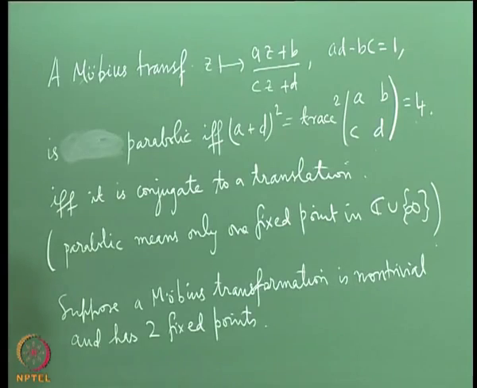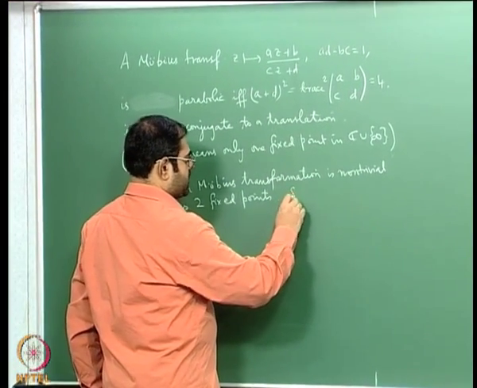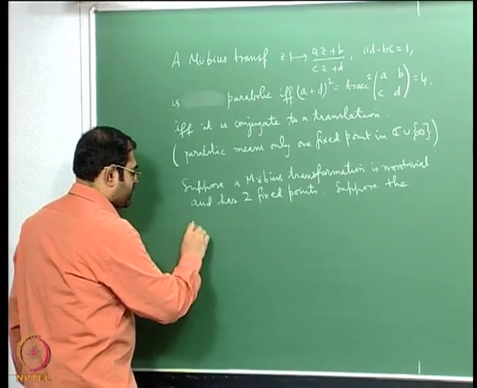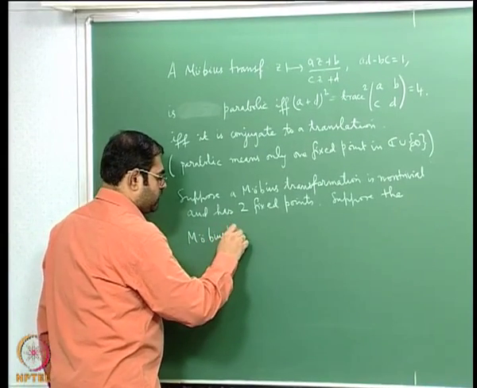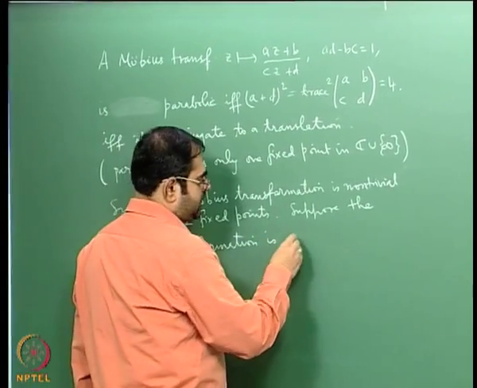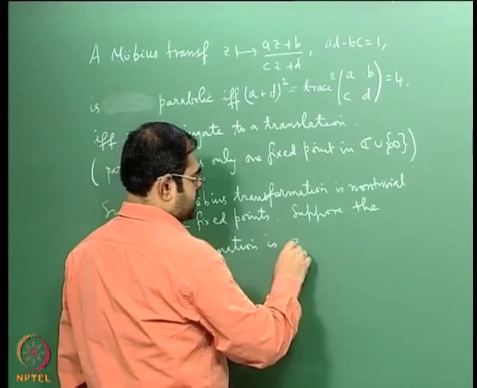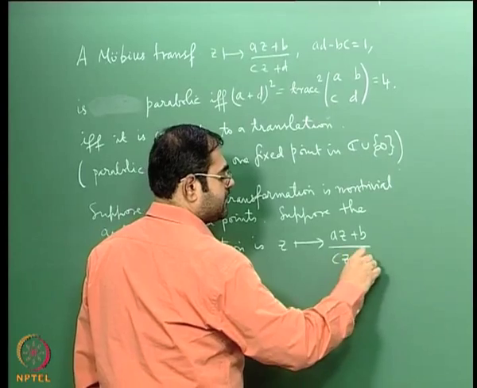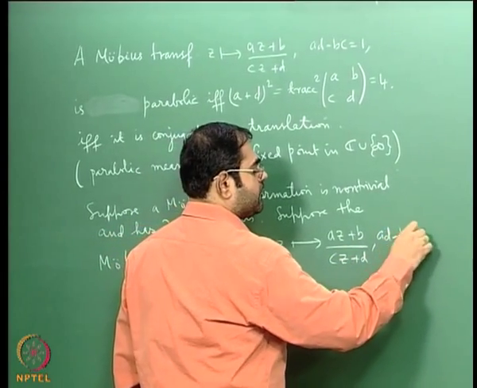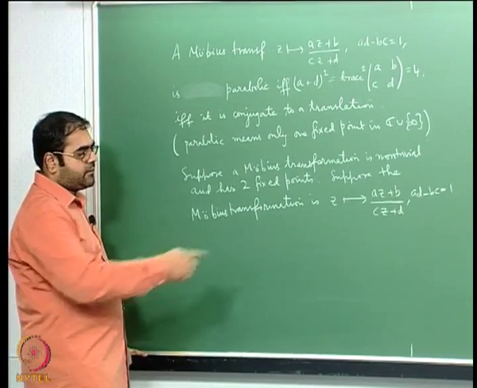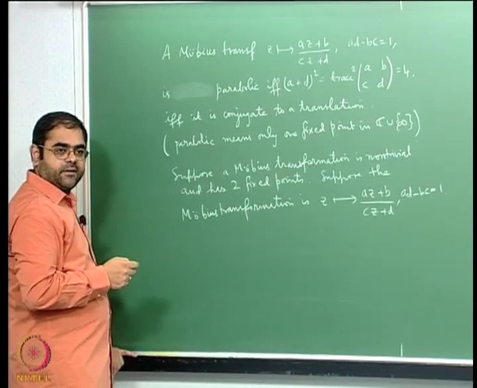Suppose the Moebius transformation is given by z going to (az + b)/(cz + d) as usual with ad − bc = 1. Again the point is to look at the values of trace squared of the representing matrix in SL2.